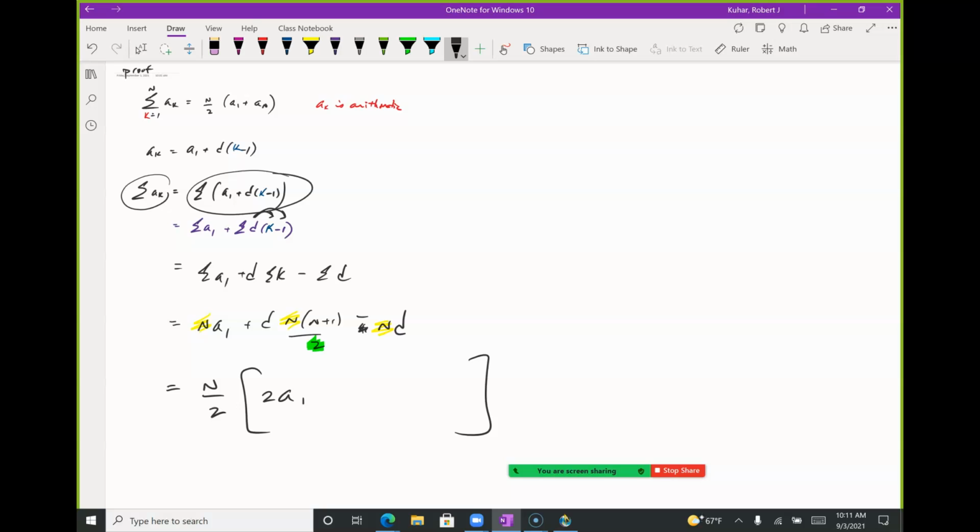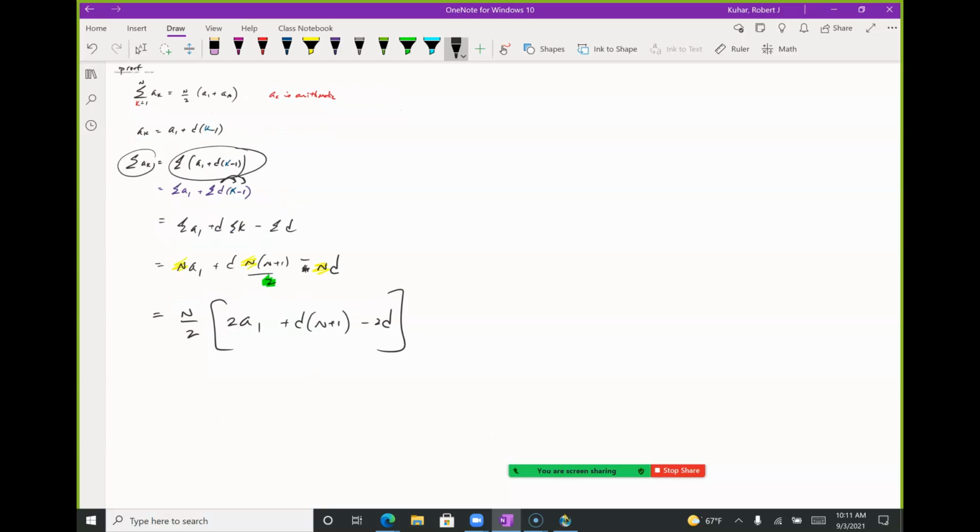So I got 2 times A sub 1 plus D times N plus 1 minus 2D. So that's a little bit weird, but if I distribute that 2 back in, notice it'll cancel here. It'll go back downstairs there, and it will cancel here, right? So it's easier to think of that factoring in reverse.